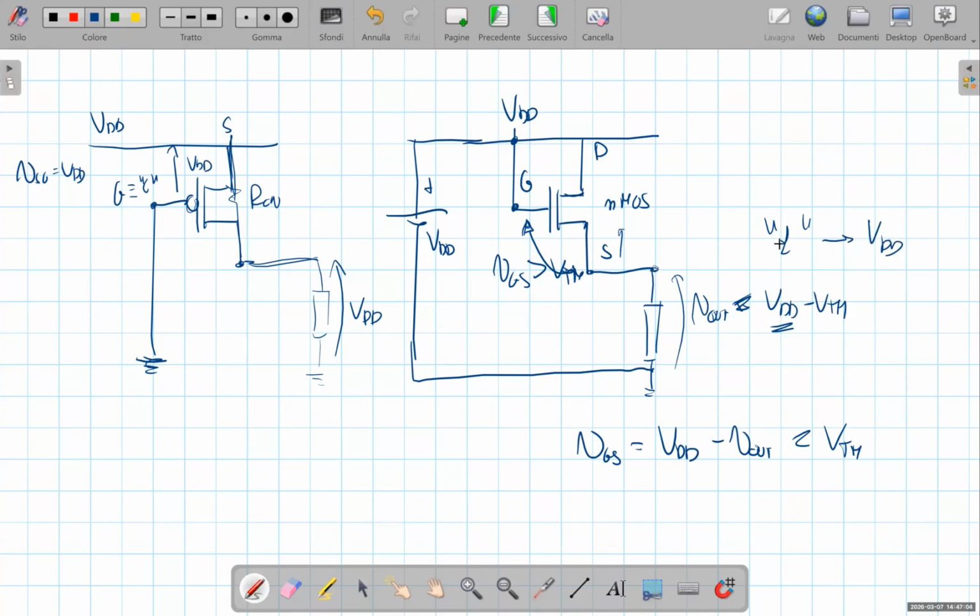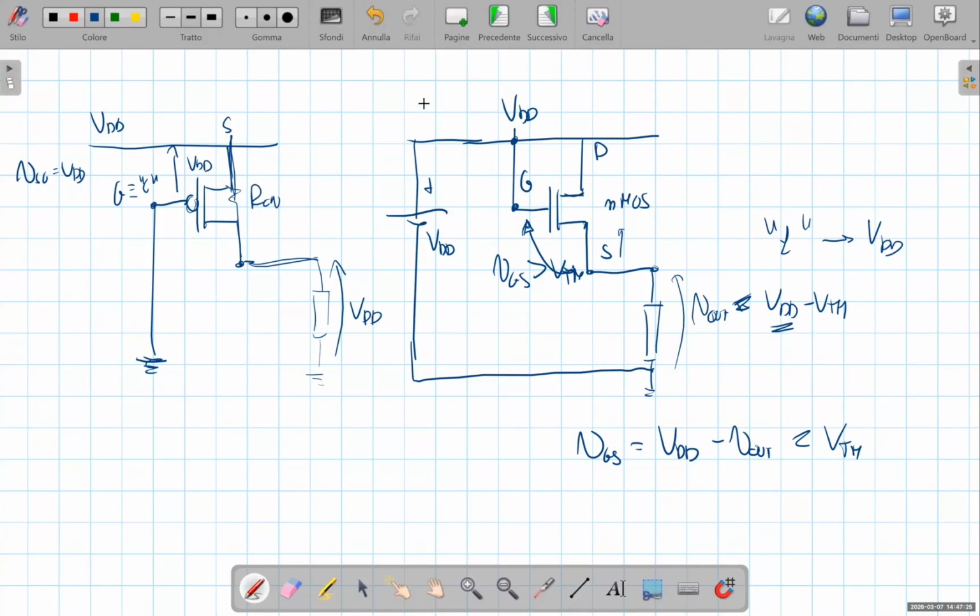It means that the next gate connected here will not have a full high logic level, and so the digital information is partially corrupted. We do not have the expected noise margin.